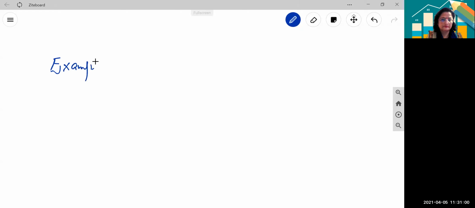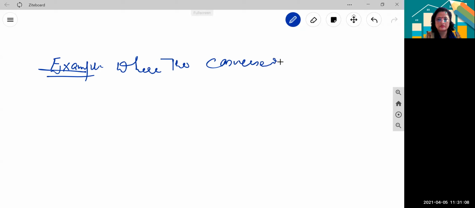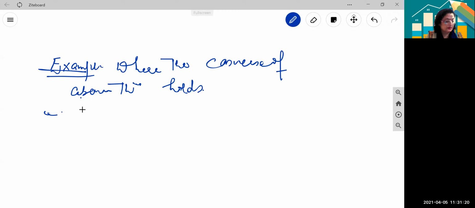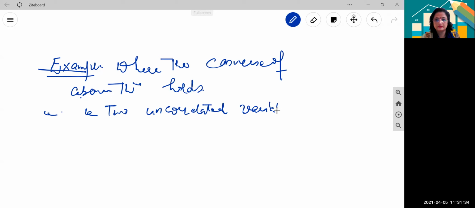Examples where the converse of the above theorem holds, that is, two uncorrelated variables are independent. This we want to do, right?